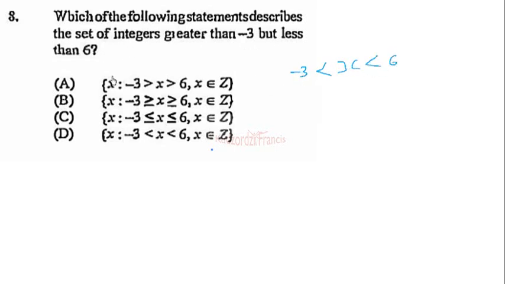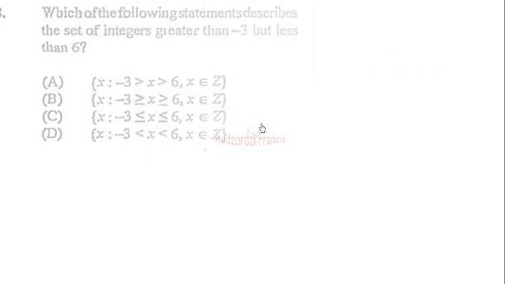To write this in set notation, we write the curly braces, x such that, and also include x belonging to the set of integers, Z. So the correct answer will be option D.